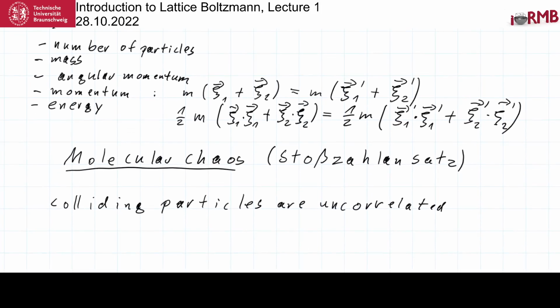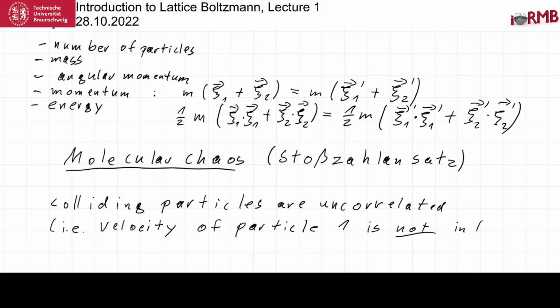When particles collide, they are in the same position. So this is probably something that we could know, but we do not know anything about their velocity. So this means that the velocity of particle 1 is not influenced by the velocity of particle 2.